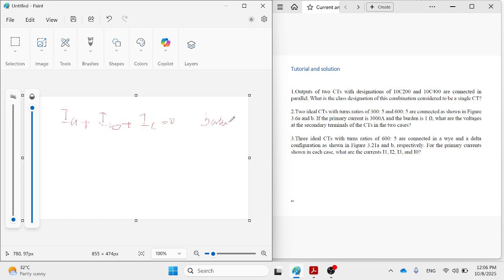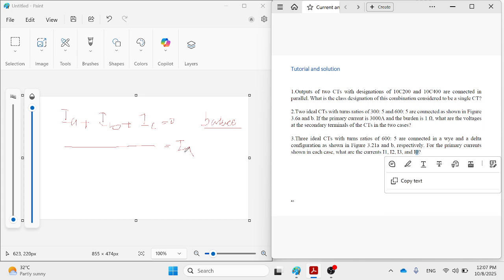If it's not balanced, IA plus IB plus IC is equal to IN. So it means we have two sides of the system. Here, IN is sometimes given as I0, so no worry about that one.